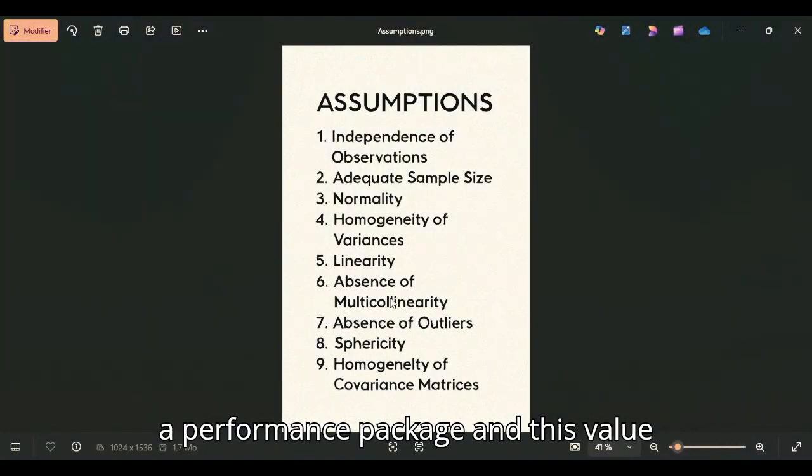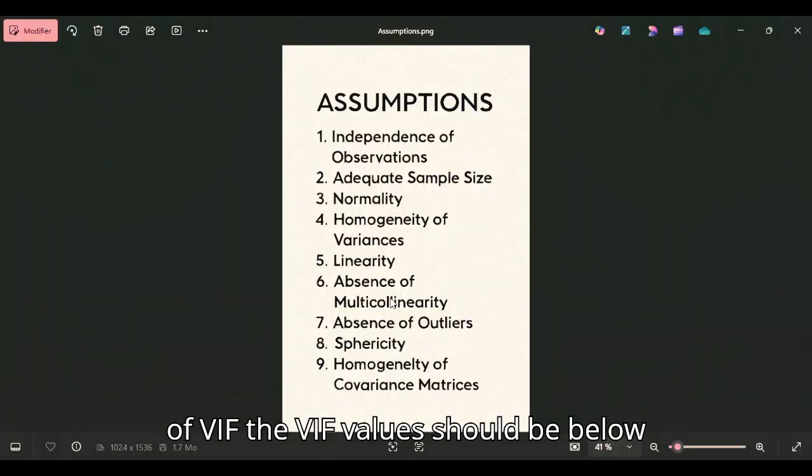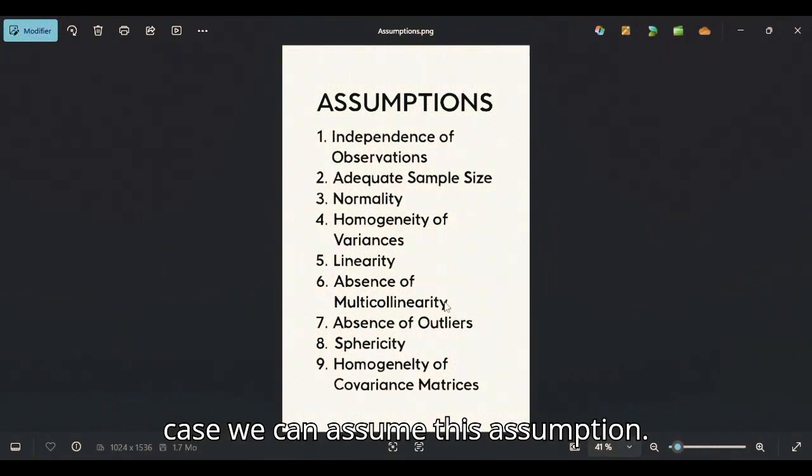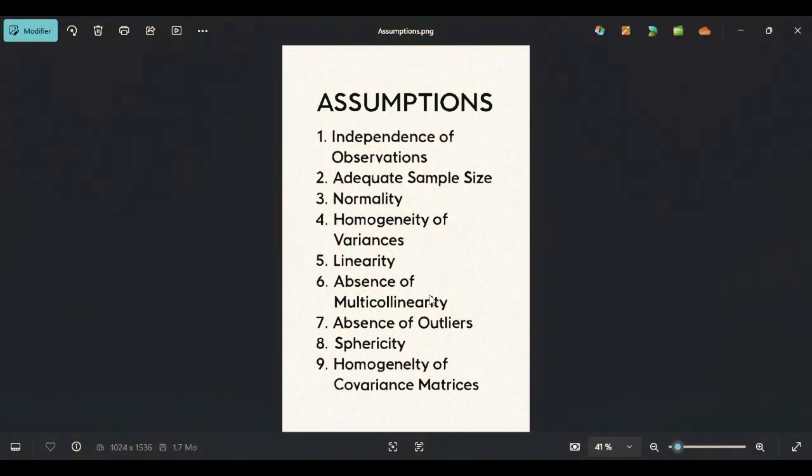The VIF values should be below 5. So when the VIF value is less than 5, we can assume this assumption.